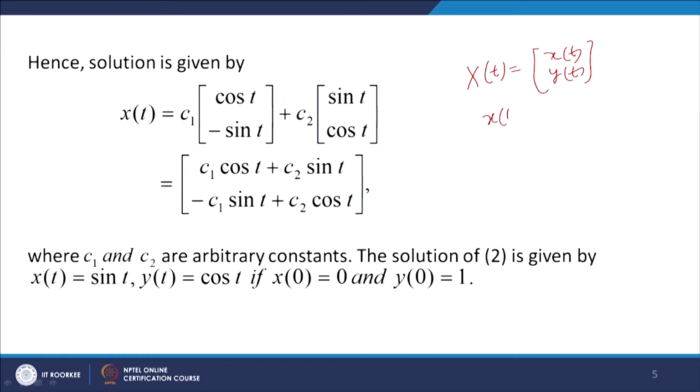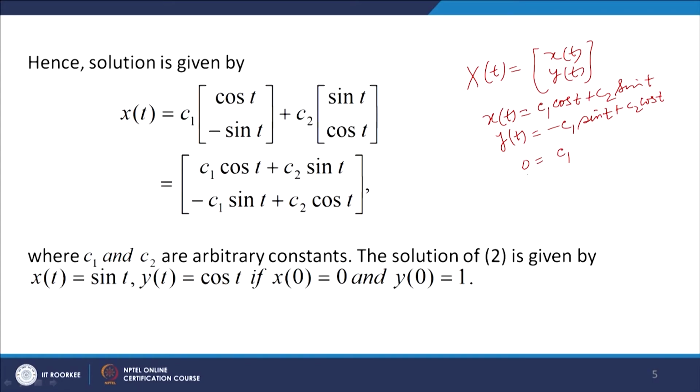So, x(t) is equal to C1 cos t + C2 sin t and y(t) is equal to -C1 sin t + C2 cos t. If we put the condition that at t = 0, x is equal to 0, then we will have 0 = C1, since cos 0 is equal to 1 and sin 0 is 0.